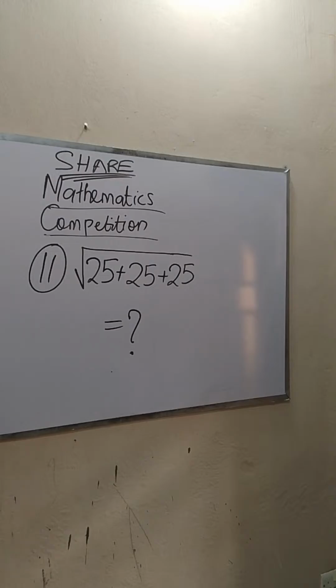Evaluate the square root of 25 plus the square root of 25 plus the square root of 25 and get the answer. So please solve it, drop your answer. Let's see the solution to the question.